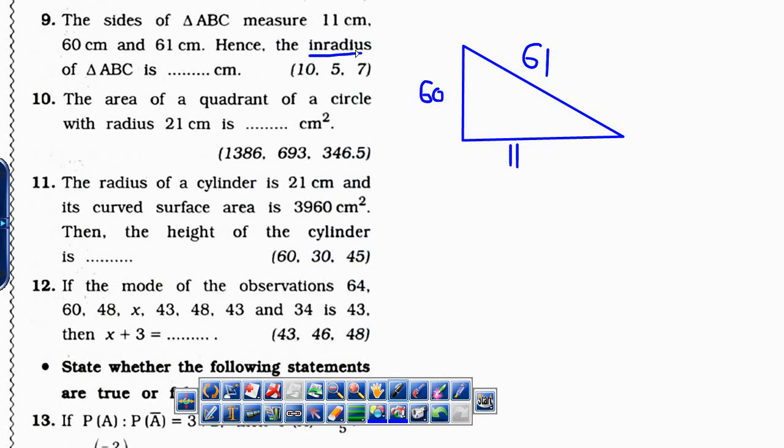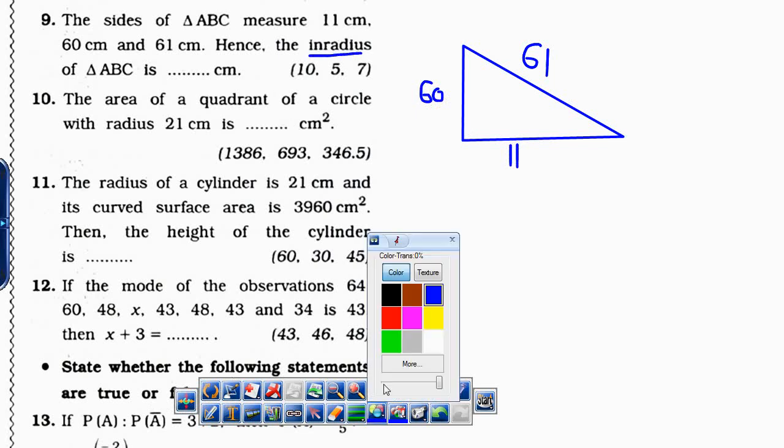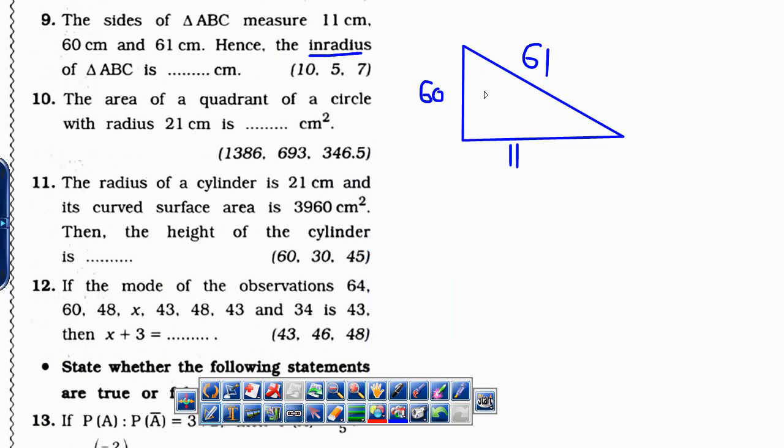Hence, inradius of triangle ABC. Inradius means the radius of the incircle, the circle that touches the triangle. And there is only one shortcut formula for the inradius of a right angle triangle only, not allowed for others.